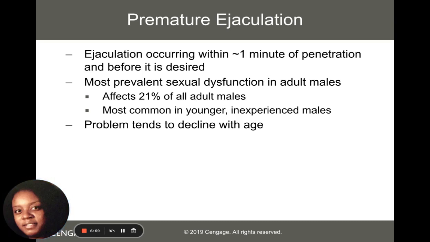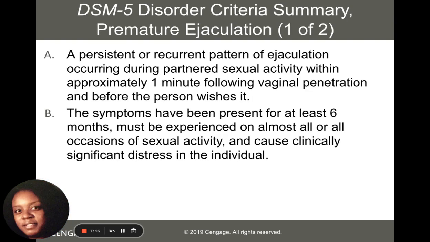It typically affects 21% of adult males, primarily the younger, more inexperienced males who are having many of their first sexual encounters. But those problems tend to decline with age, with experience, and also with being with the same partner for a while, so that lack of anticipation. Here are those DSM criteria for premature ejaculation.